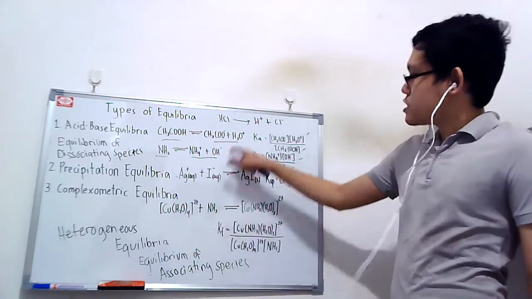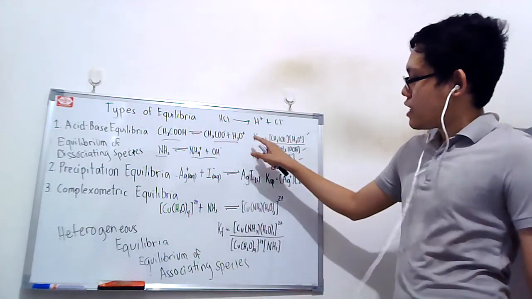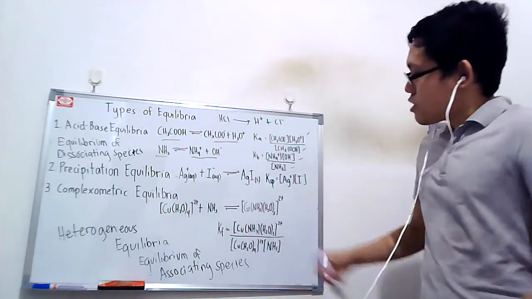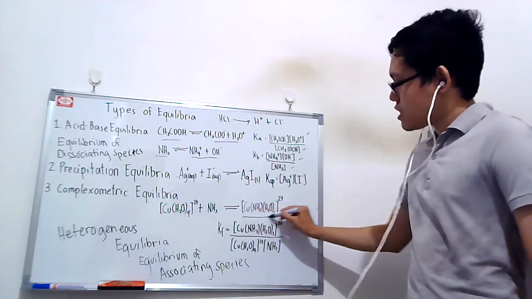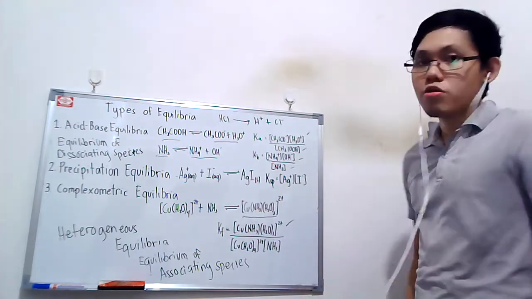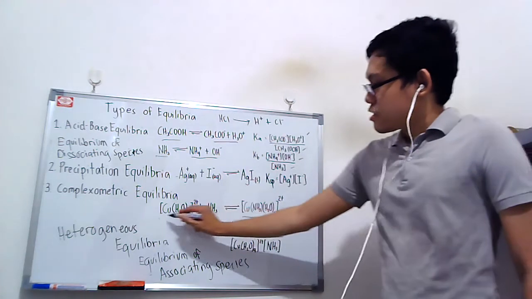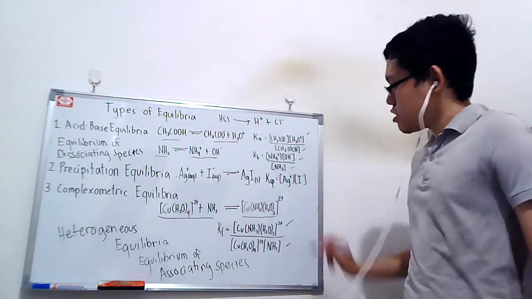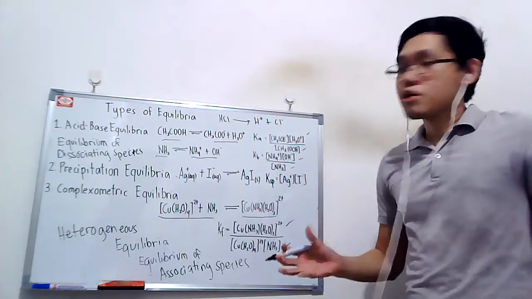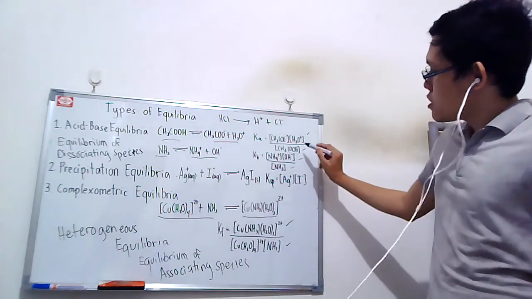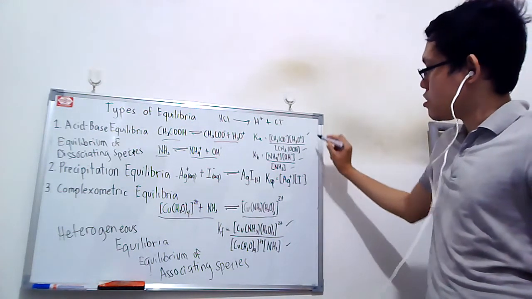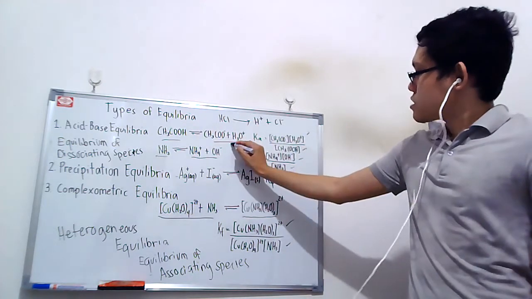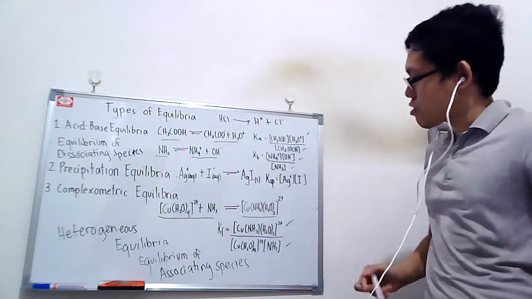Nag-differ siya dito sa Ka, Kb sa acid-base equilibria in that the product on your right side now is in the numerator, and then the reactants on the left side are in the denominator. So, nakita niyo yung difference.